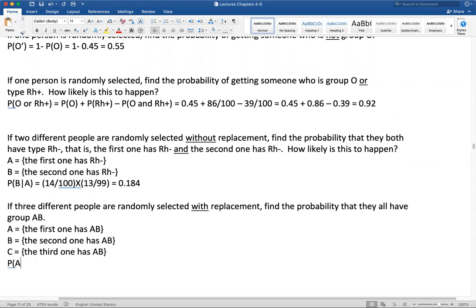Then the probability of A and B and C. Actually, this is not B given A. Sorry. That would be the probability of A times the probability of B given A, which is 14 over 100 for P(A) and 13 over 99 for P(B given A).